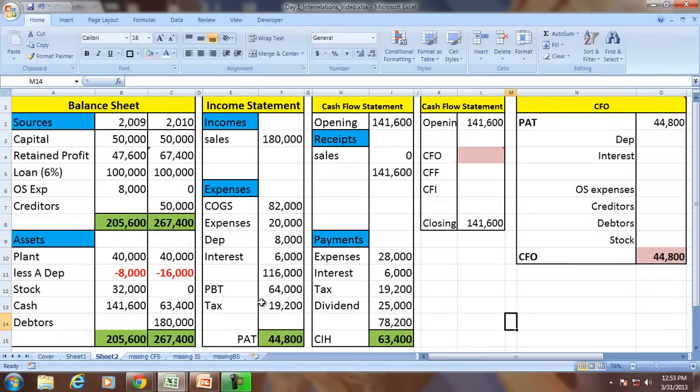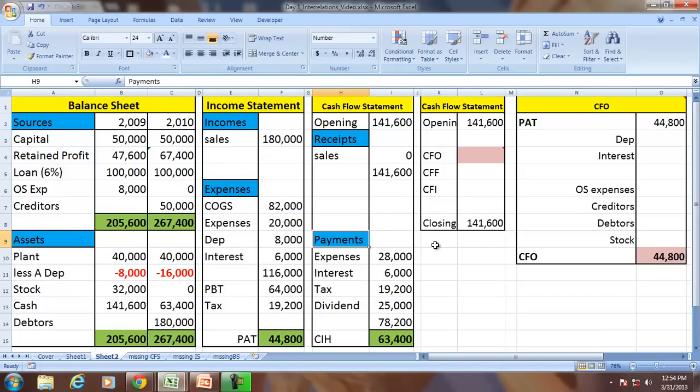We'll see once again the preparation of cash flow statements showing cash from operation, cash from financing and cash from investment, when the other information given is the opening balance sheet and closing balance sheet, income statement and cash flow statement showing the receipts and payments.